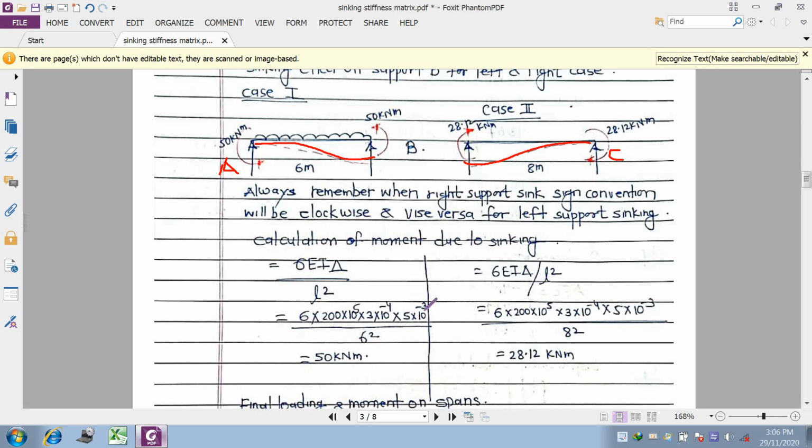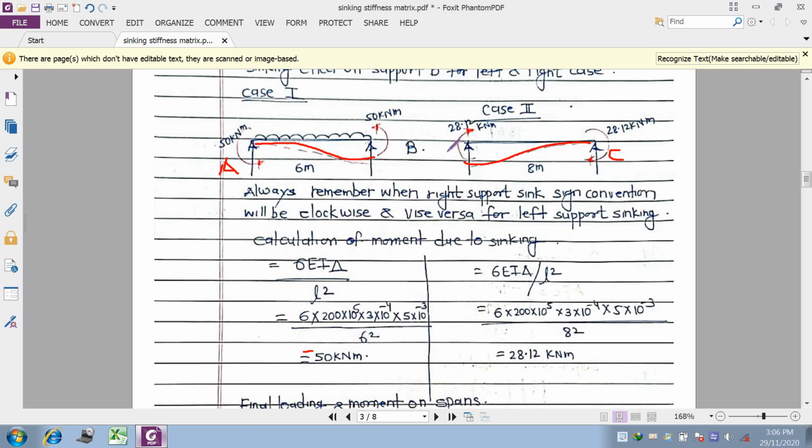So 5 into 10 to the power minus 3, divided by 6 square. This moment will come on the left side, that is for the span AB, and it will be anti-clockwise, so it will be minus 50 kilonewton meter.